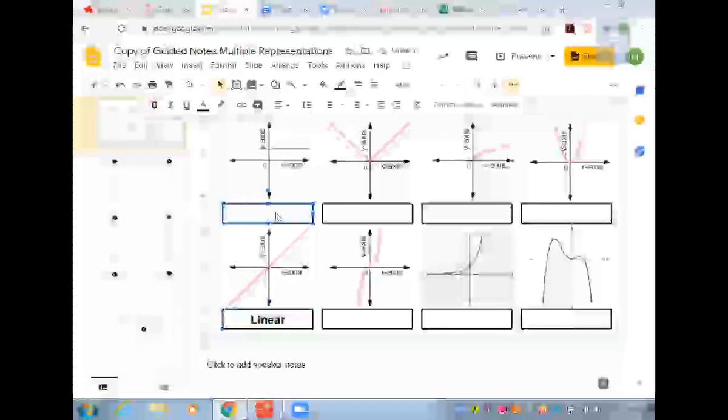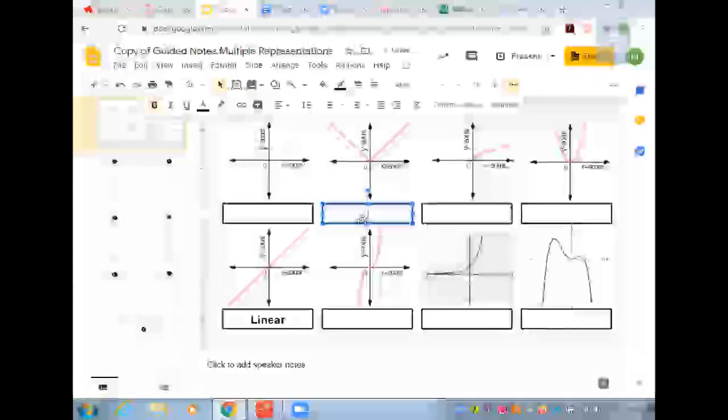So what's this one here? Okay, we'll come back to it then. How about the one next to that, or the one second from the left?